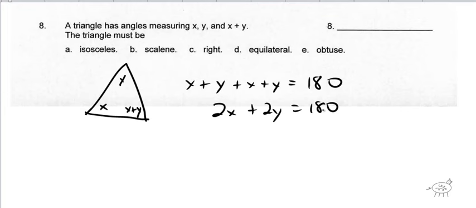Okay, and the only way this can work is if basically x and y are going to be the same. So if I make this 45 degrees and 45, because 90 plus 90 is 180.